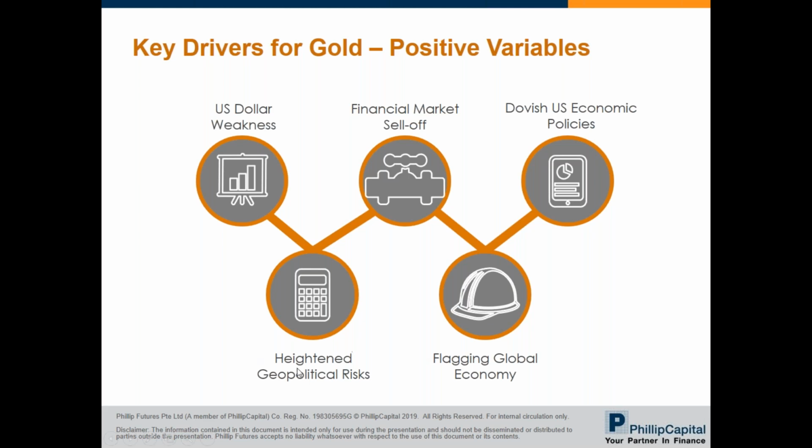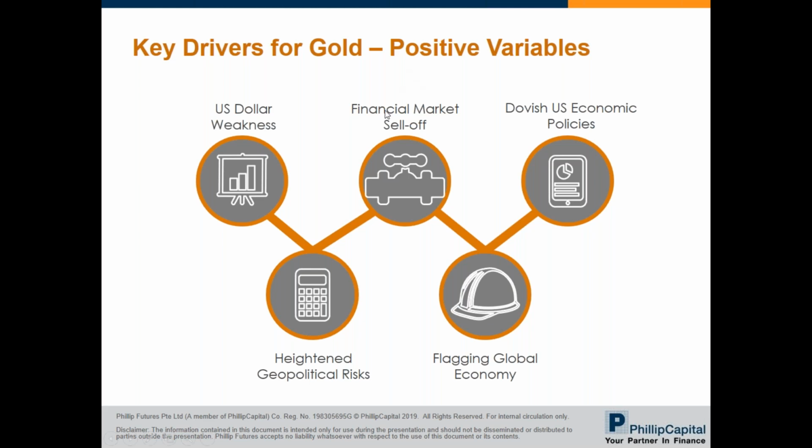Heightened geopolitical risks, as gold is a safe haven asset, a store of value in uncertain markets. So it has a historical record of value maintenance without depreciation. Also, money managers use it to fight currency depreciation from high inflation rates or even currency devaluation programs.